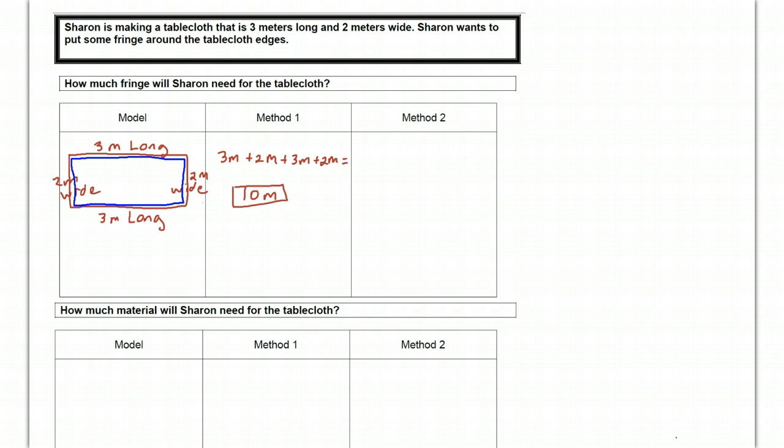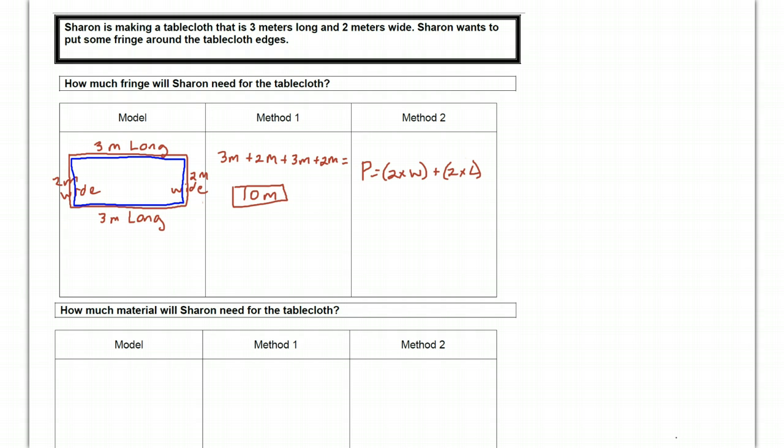Now the second way that we could approach this problem would be to use the formula for perimeter. The formula for perimeter is P is equal to 2 times width plus 2 times length. I think you should be able to see that because we've got 2 widths and 2 lengths.